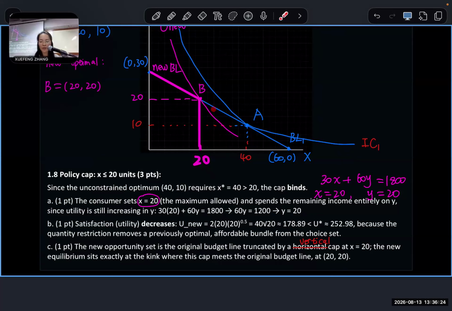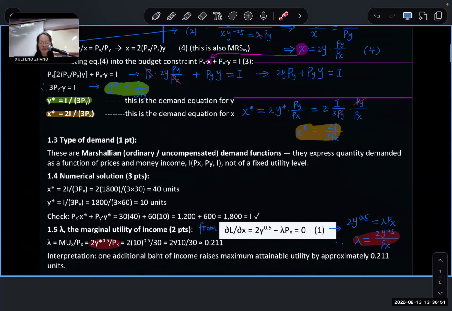Vertical cap, this one. At x equal 20, the new equilibrium sits exactly at the kink. Here is the kink point, which is B, where this cap meets the original budget line at (20, 20). All right, this is the first question. You will see it again, but not exactly this utility function. If I change a little bit, can you do that?